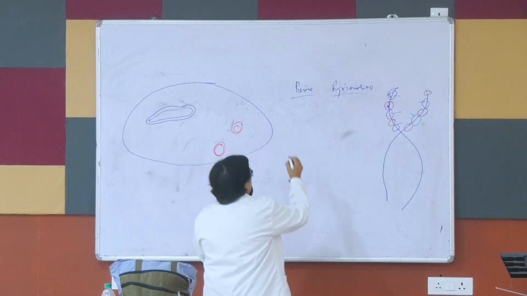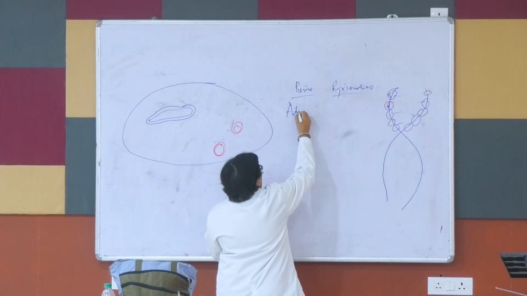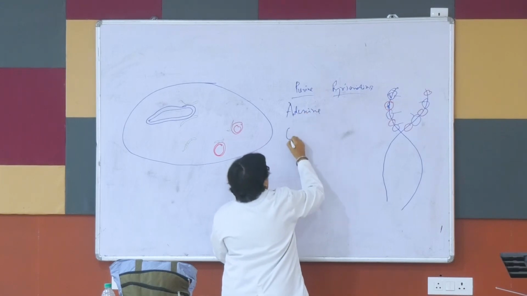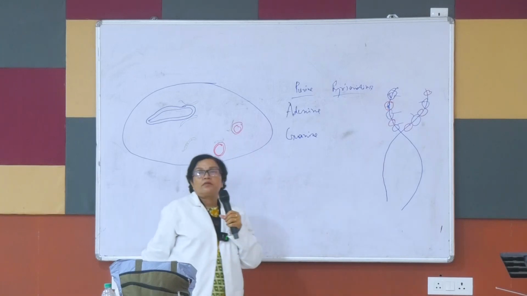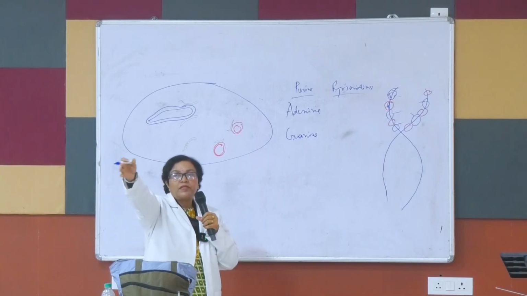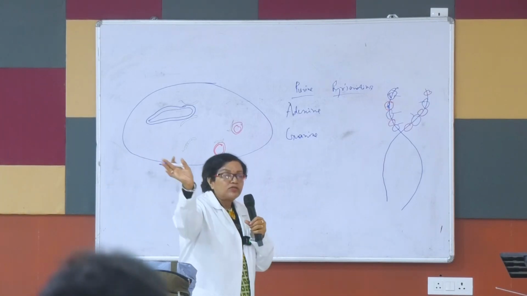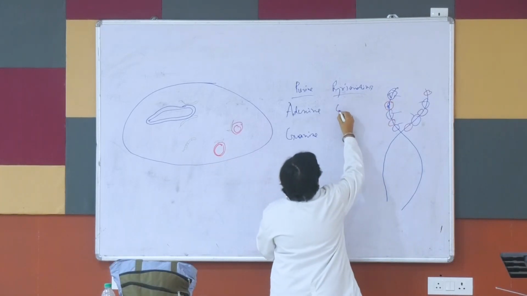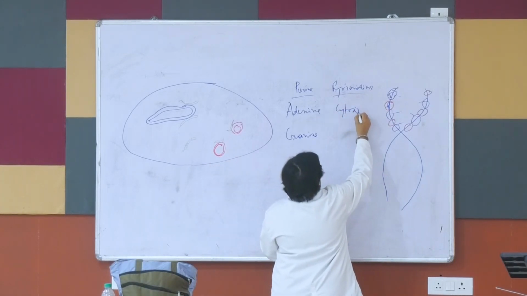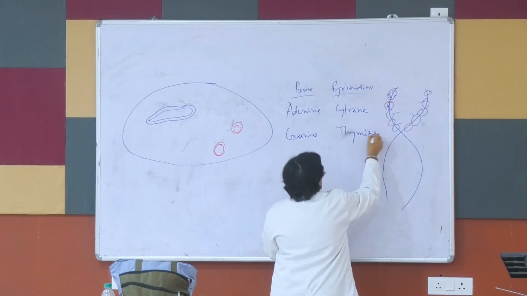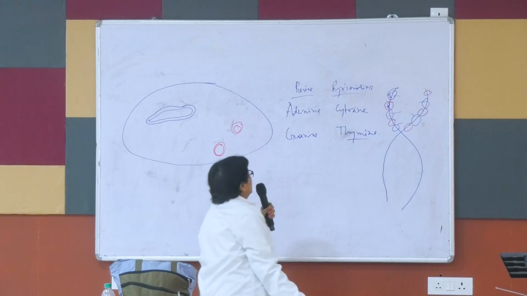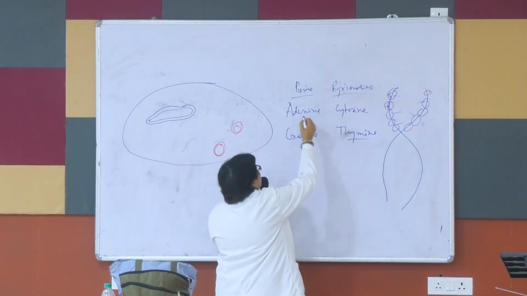Adenine and guanine. And pyrimidine, cytosine and thymine.